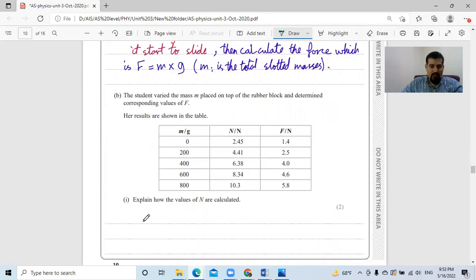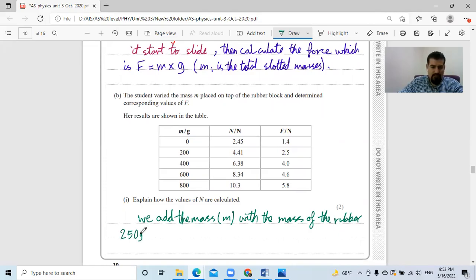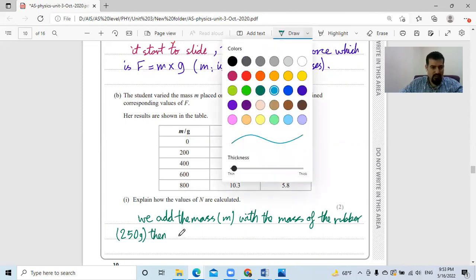What we do, we add the mass m with the mass of the rubber, 250 grams. Then what? Yes, exactly.